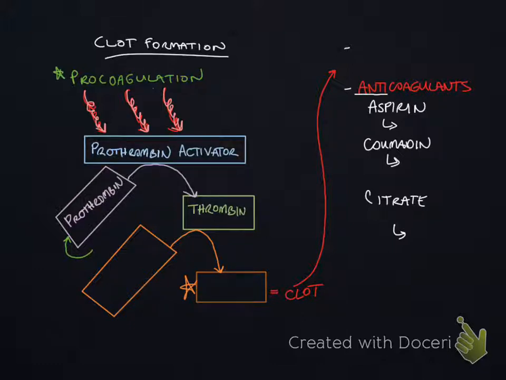Once we have thrombin, then it can take fibrinogen, which is in the plasma, right? And is a protein. And form fibrin. And that fibrin joins with the platelet plug to form a clot. Okay? So we just did procoagulation.